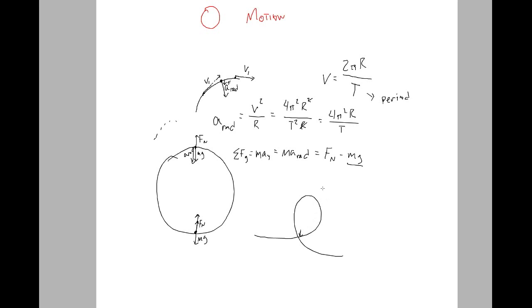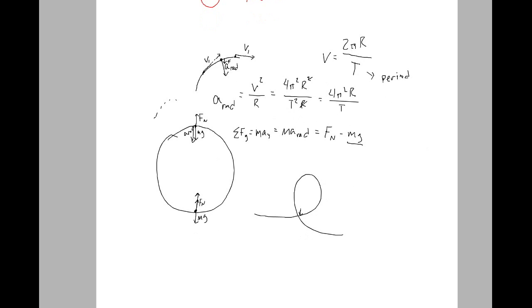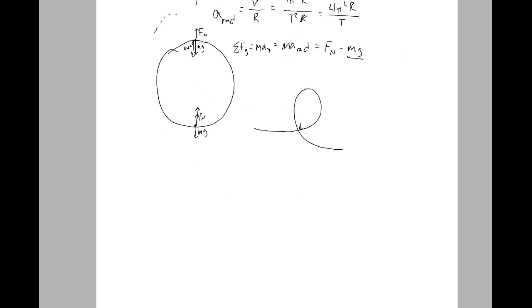So, a good type of problem with this is the car on a banked curve type problem, or car on a curve problem. And so if we're thinking about a car, this is a very boxy car, and it is going in a circle, say its path is like this.